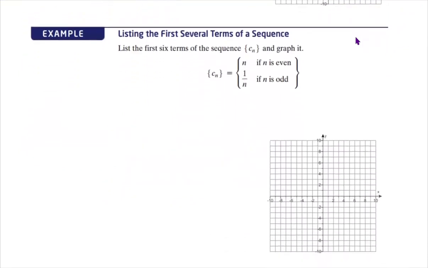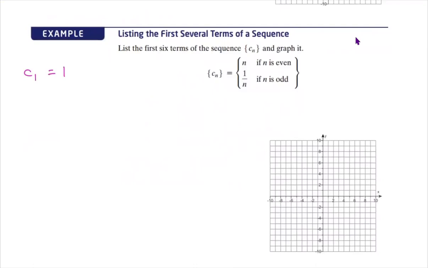Here's another example. List the first 6 terms of the sequence Cn and graph it. For this one, I'm going to do the same thing. C1 equals 1/1, so 1.